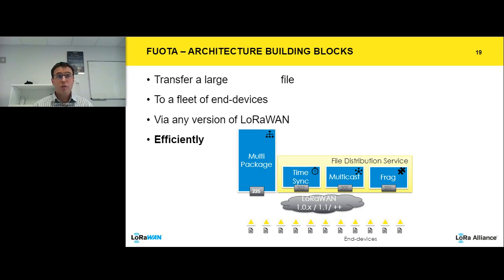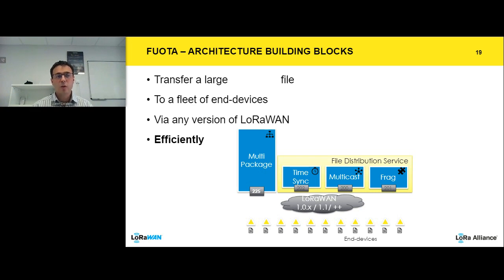To add more efficiency, as you saw, we have many specifications and many messages to send to the device in unicast at the beginning of the session. We built what we call the multi-packet access specification. This one is used to bundle several messages from different application layers into a single downlink.